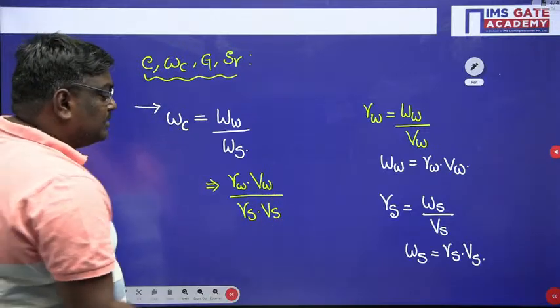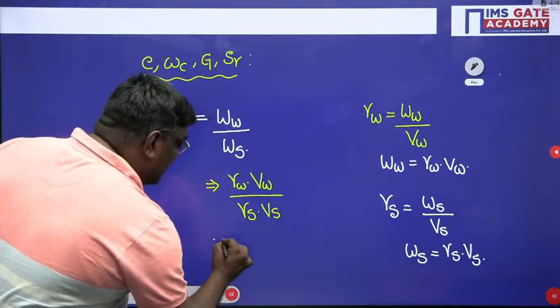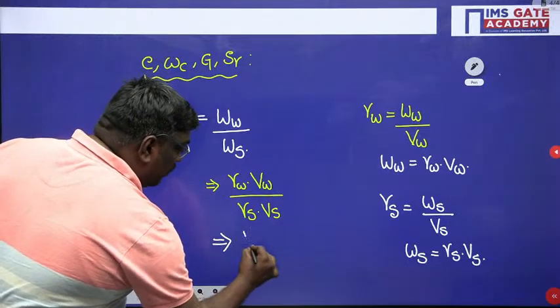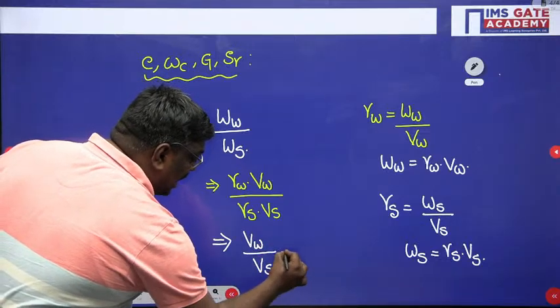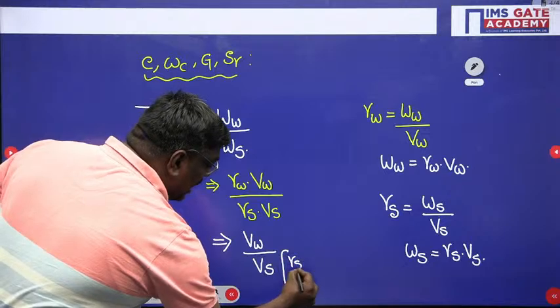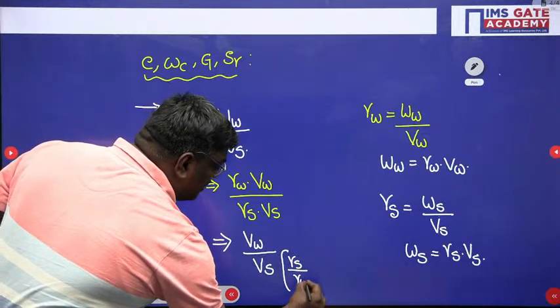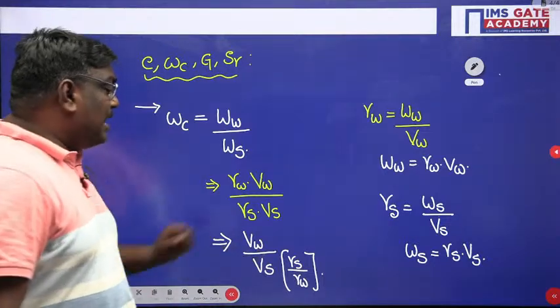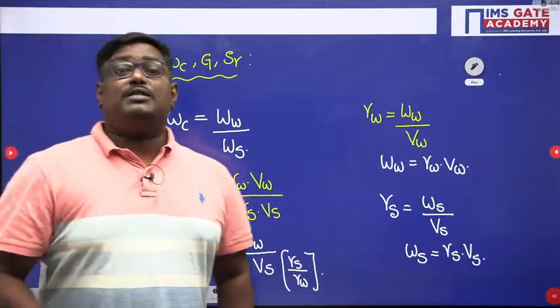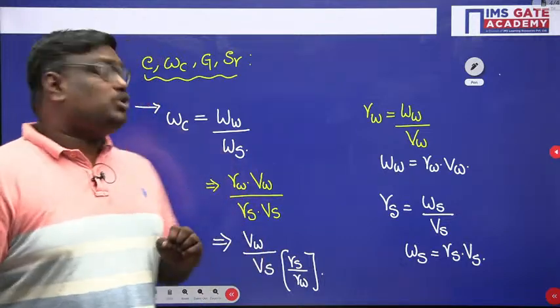Agree, my dear students? See, this can again be written as volume of water by volume of solids into gamma S by gamma W. And for your information, what do you mean by gamma S by gamma W? Anyone, can you tell me? Gamma S by gamma W is nothing but the true specific gravity.